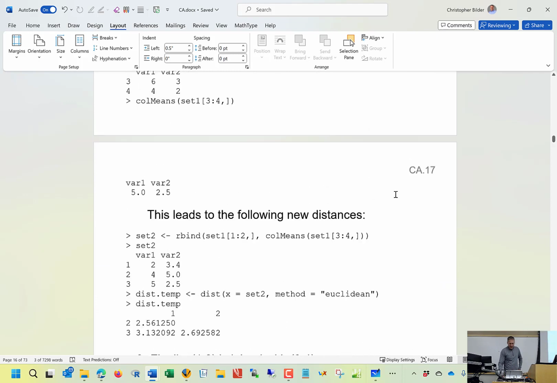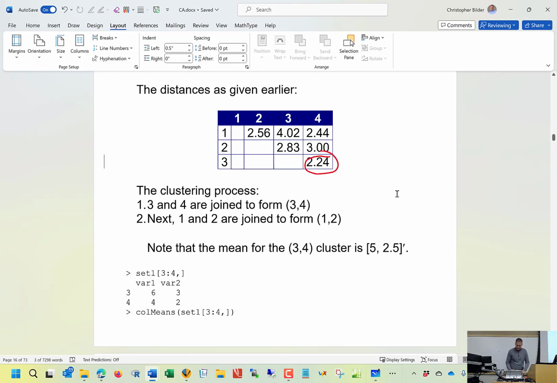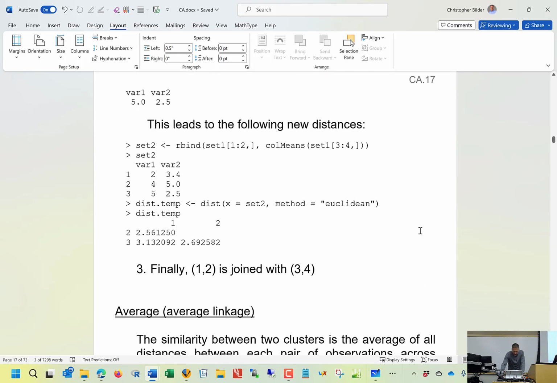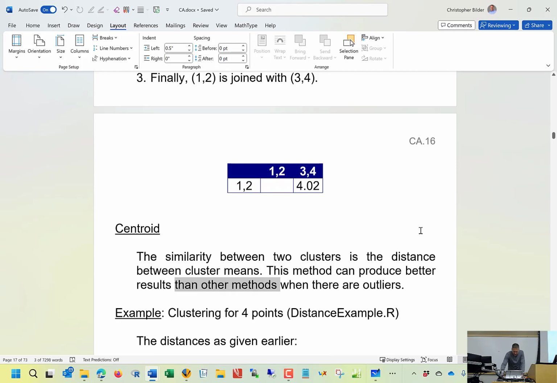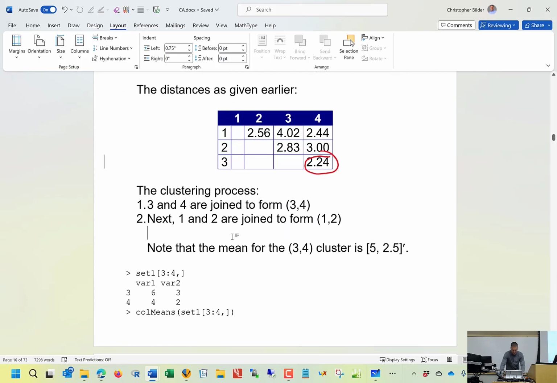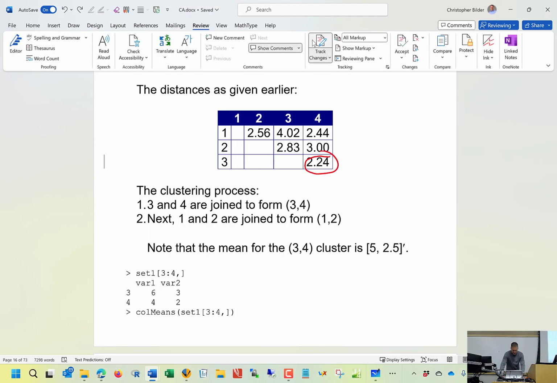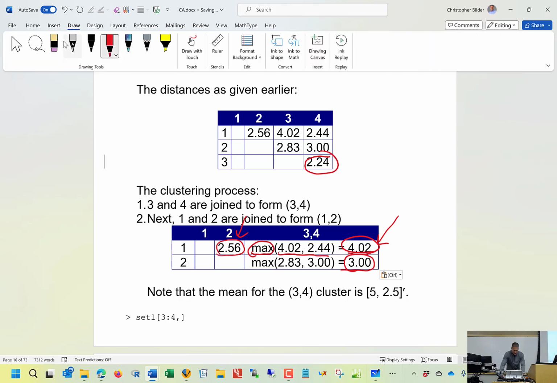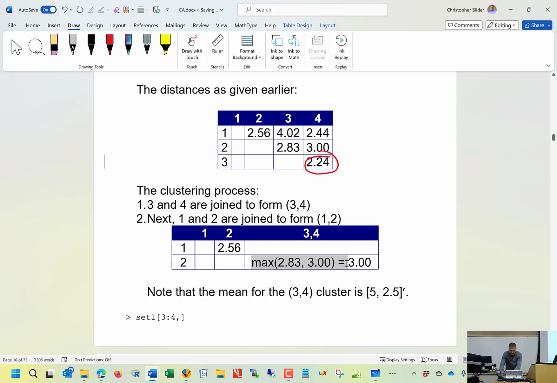Now, I need to figure out, I don't know why I didn't draw a table like that. So 3 and 4 have been joined together.